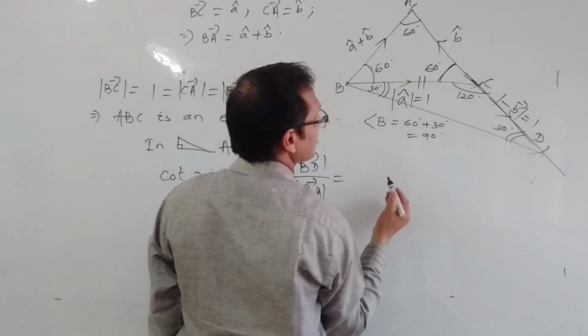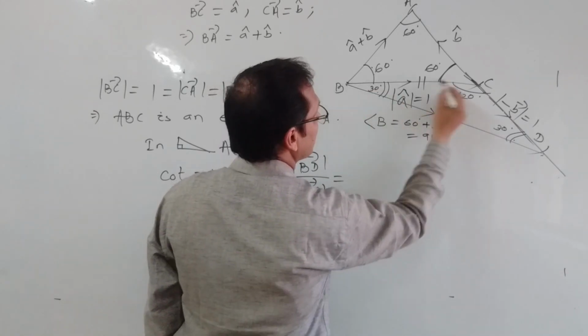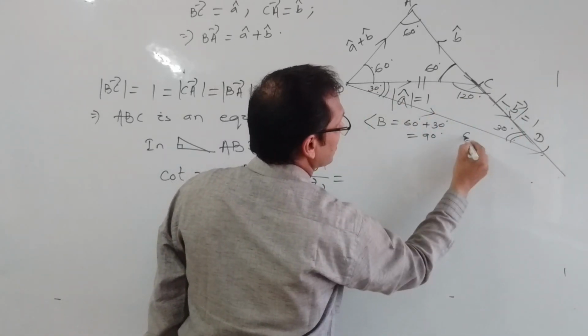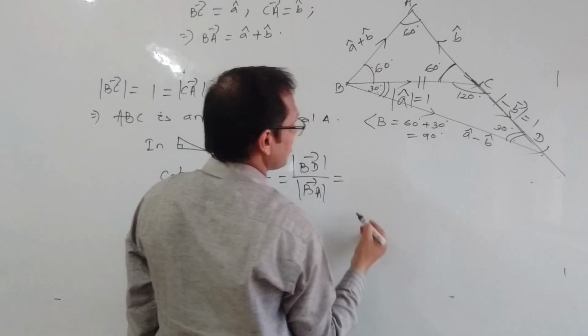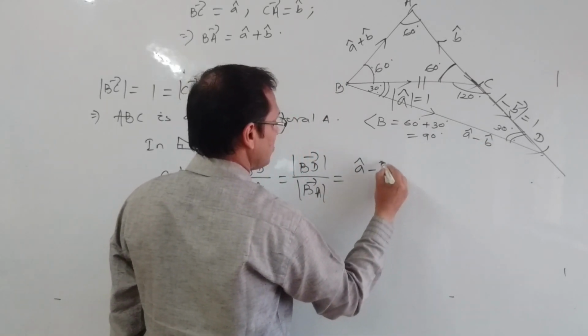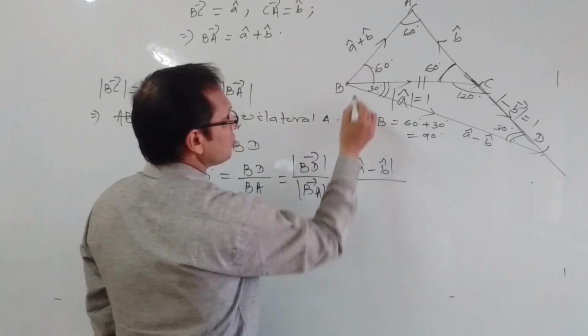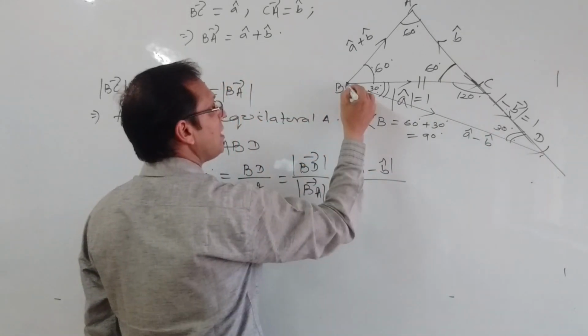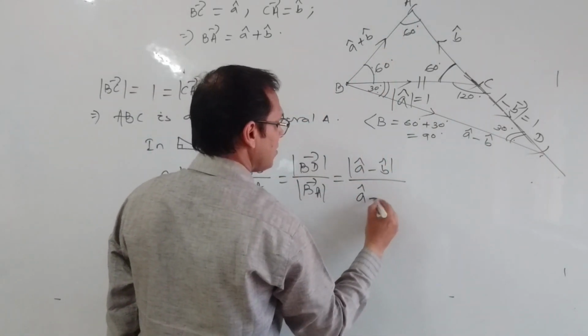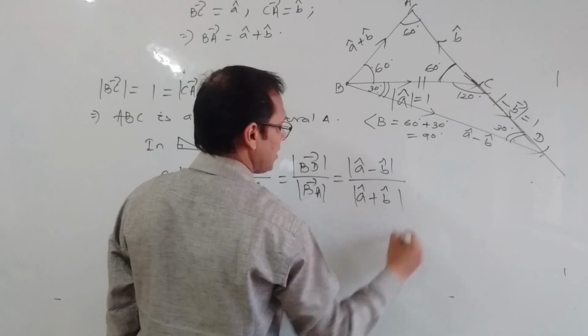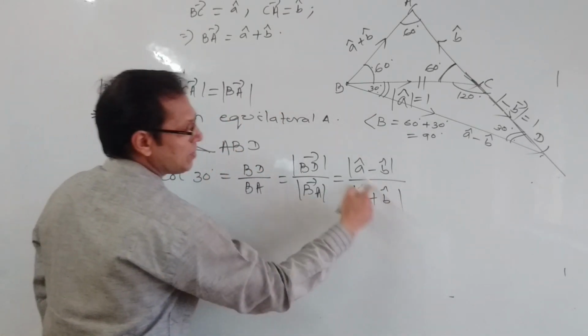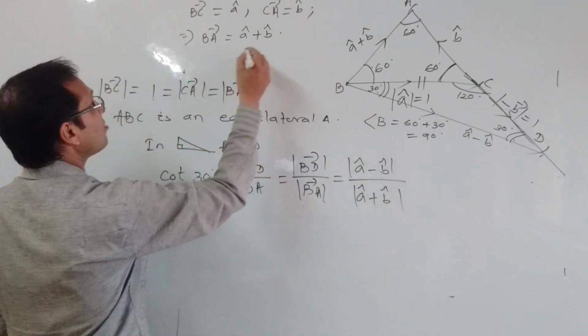This plus this is equal to this vector, that is A vector minus B vector, that is A cap minus B cap. So A cap minus B cap magnitude is BD, and BA vector means A vector plus B vector magnitude. Already A cap plus B cap magnitude is equal to how much?